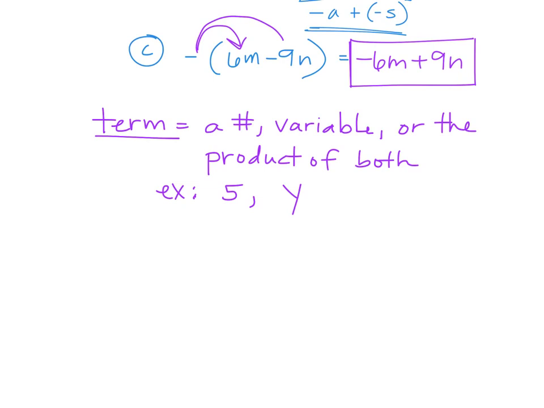That is a term in an expression, okay? Or I could do 2xy. That would be a term because I'm multiplying a number and a variable and a variable. Okay, so those are all terms. One of your terms is going to be called a constant.